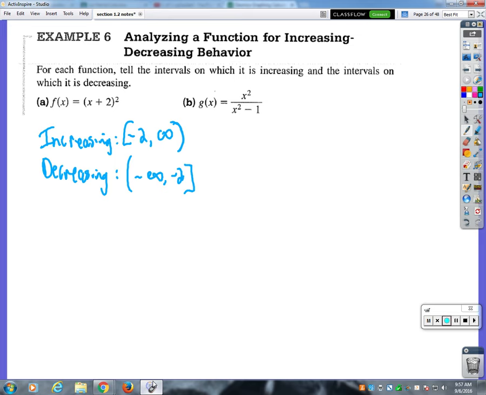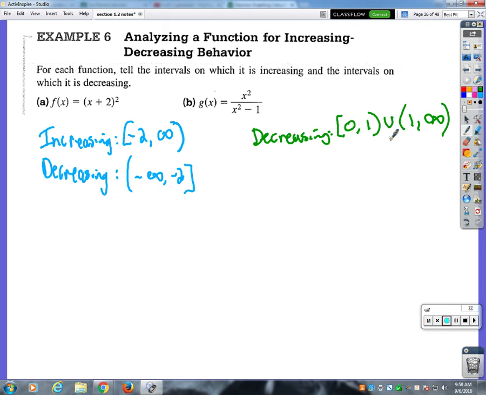So to write down decreasing, I have to say it is decreasing from 0 to 1, and then from 1 to infinity. This time I'm using round brackets around the 1 because 1 is not in the domain of the function, so I can't actually include that in my answer.